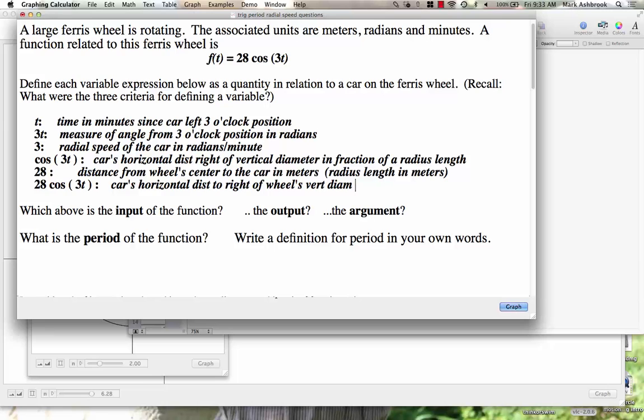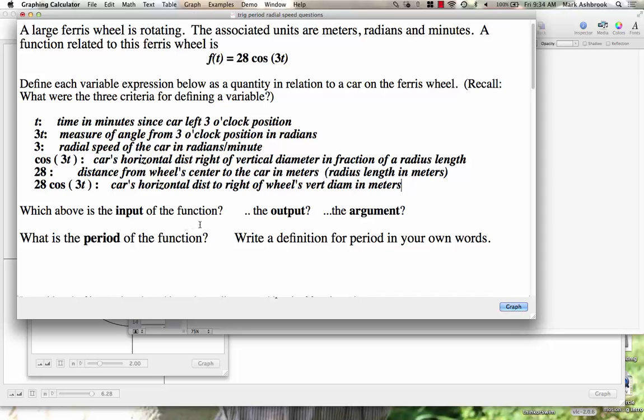So we're taking that fraction of 28. So that gives us how many meters? Right? So that's what cosine does. When you multiply that cosine times the length of the radius in your distance unit, then you're taking that fraction of the radius. We're taking that fraction, cosine, of 28 meters. So we're going to get how many meters to the right the car is.